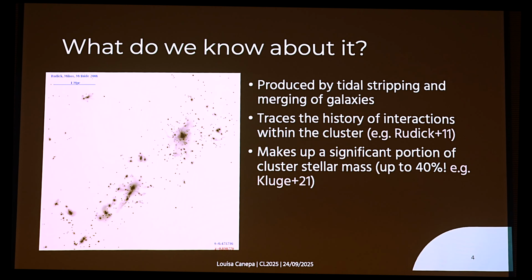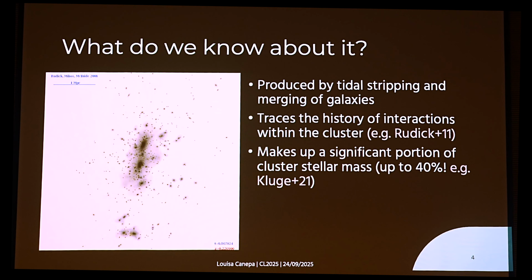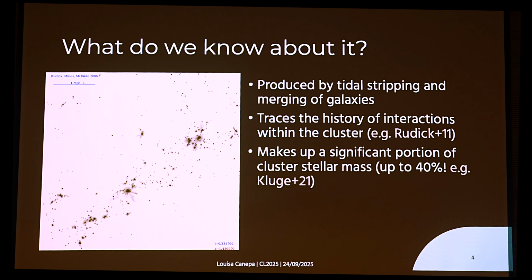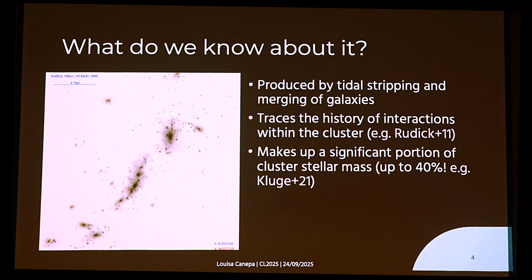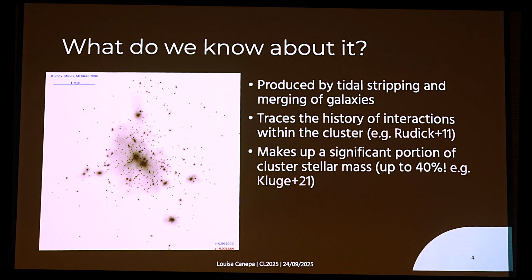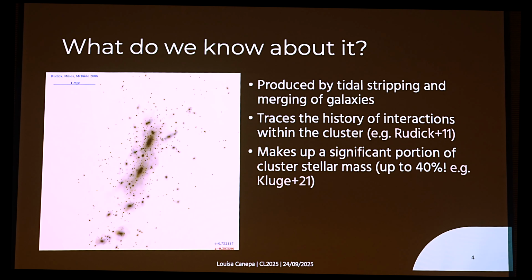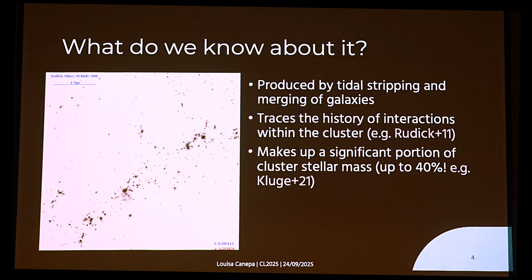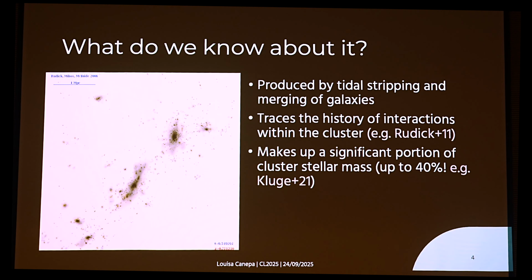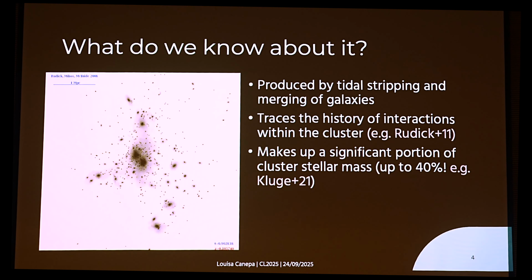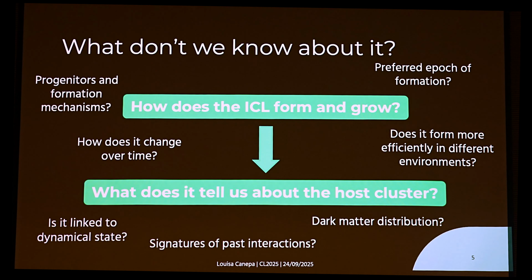It also makes up a very significant portion of the cluster's stellar mass, in some clusters by some estimates up to like 40%. So what we know about the ICL tells us that it is a really significant and very interesting component of a galaxy cluster to study if we want to know more about how it and those galaxies have evolved over time.